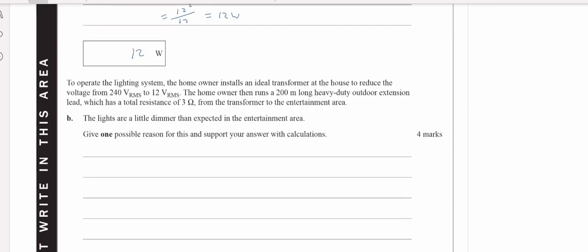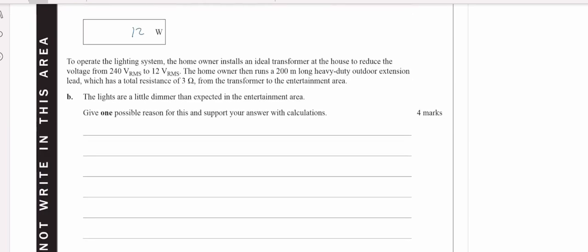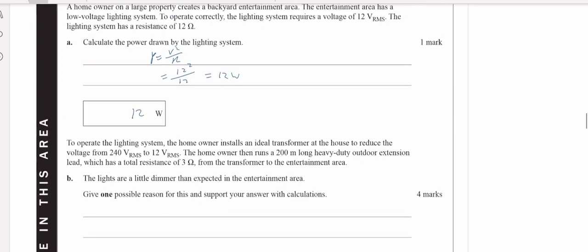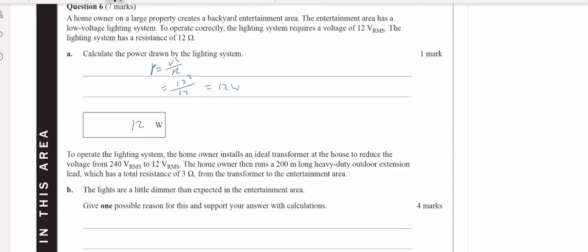Someone installs an ideal transformer to reduce the voltage from 240 to 12. Someone then runs a 200 meter heavy duty outdoor extension wire, which has a total resistance of 3 ohms. We know that the lighting system has 12 ohms.